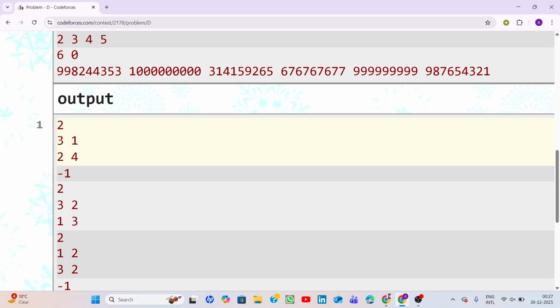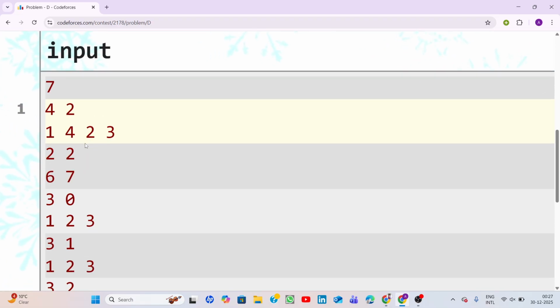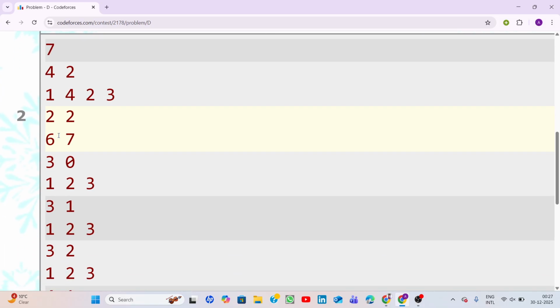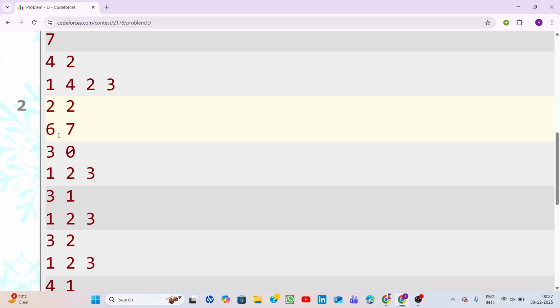At the end we are printing the indices of the elves, so make a pair vector of the elf health and the indices. Suppose k is greater than 0, suppose we want more elves to be alive.